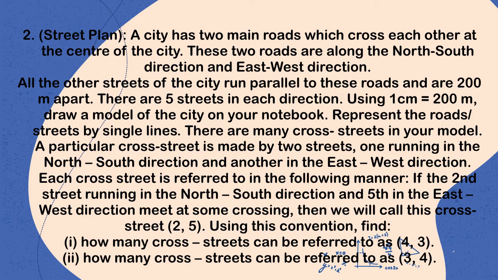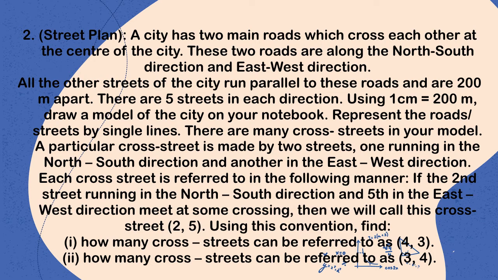Now question number 2, don't be afraid by seeing the question. The question says that there is a city with a road plan given. There are 5 roads going in the east-west direction and 5 roads going in the north-south direction. The distance between each of the roads is 200 meters. So what is given to us?